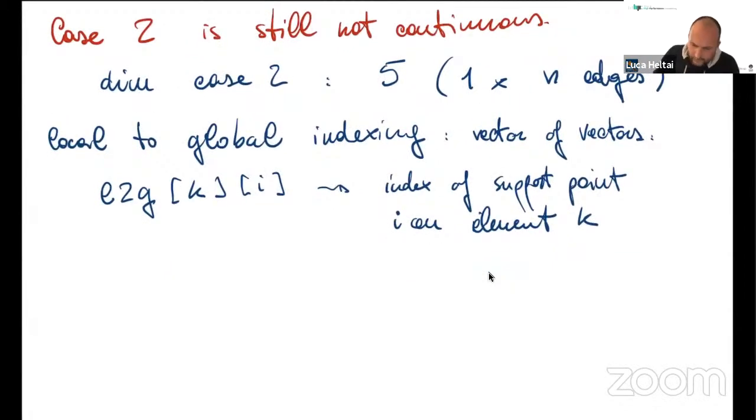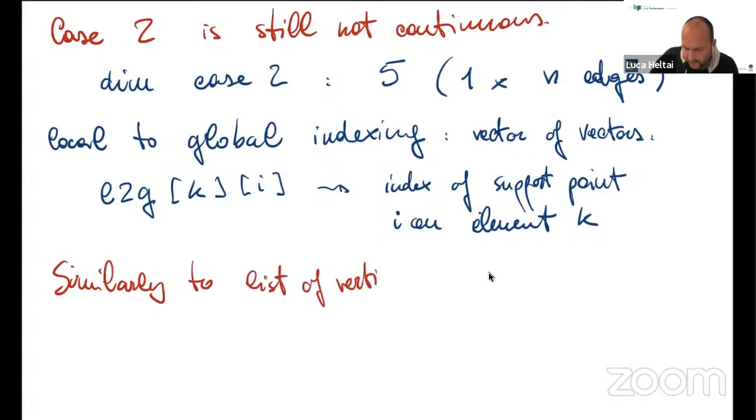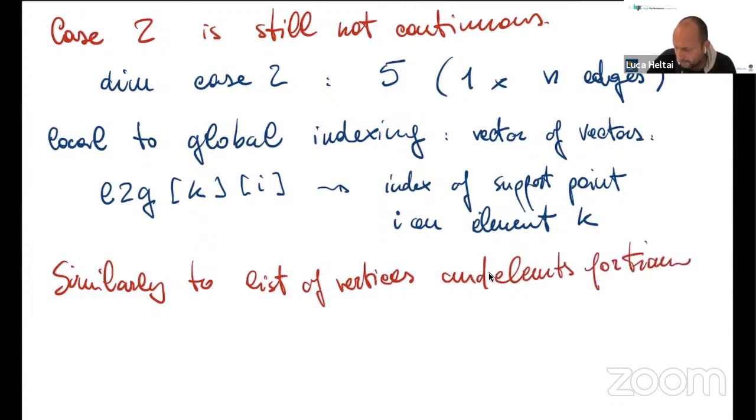So similarly to what happened for the list of vertices and elements for a triangulation, we need a list of support points.